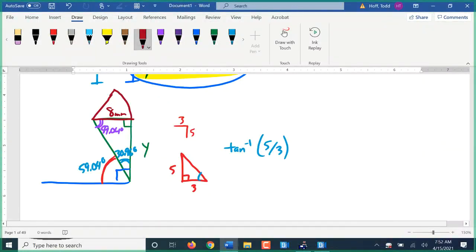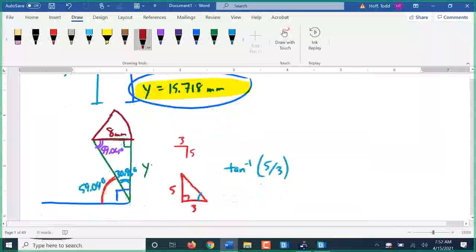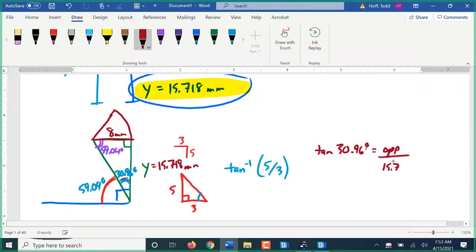In fact, let's check. If y is 15.718 millimeters, we know that this is 30.96. That opposite side, we'll use the tangent of 30.96 degrees, equals that opposite side over 15.718.